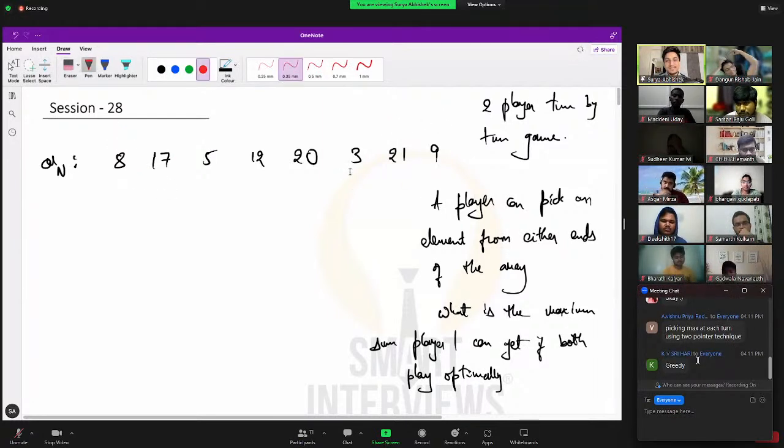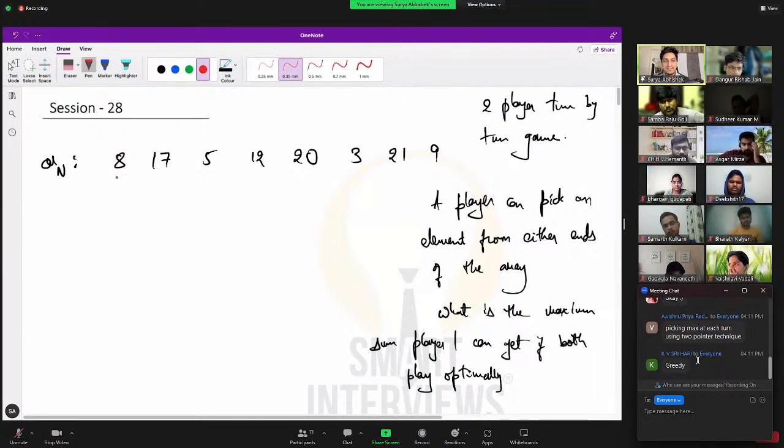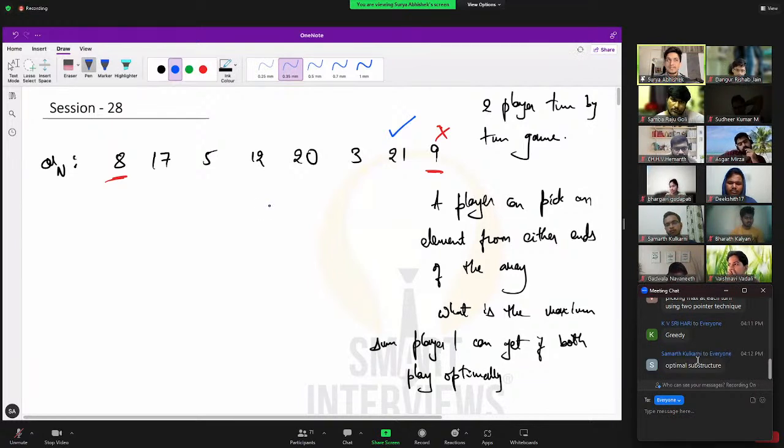See, guys, a greedy approach here: if you just trace it out for the first one or two examples, you'll realize it doesn't work. When the first player has the option to choose 8 or 9, if you go with 9, then player 2 is picking 21. Just with the first element itself, your theory is failing.